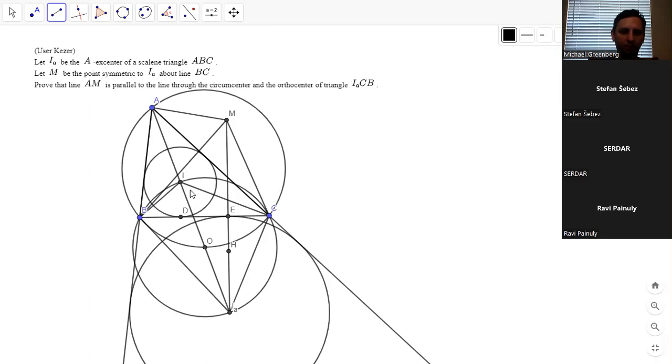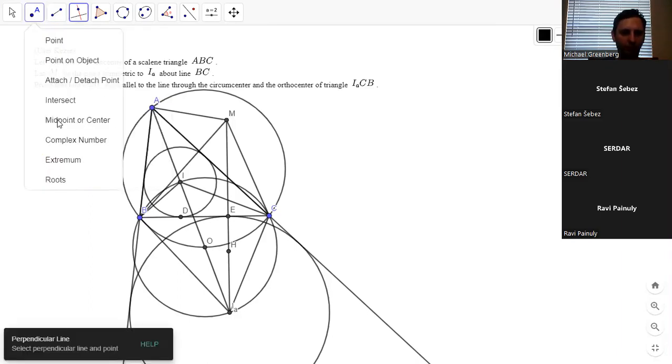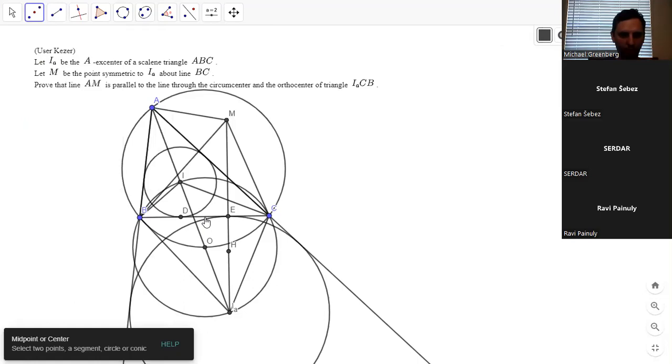And this is obvious because H is the reflection of I with respect to the midpoint of BC. Yeah, and it's well known that these two lines are parallel.